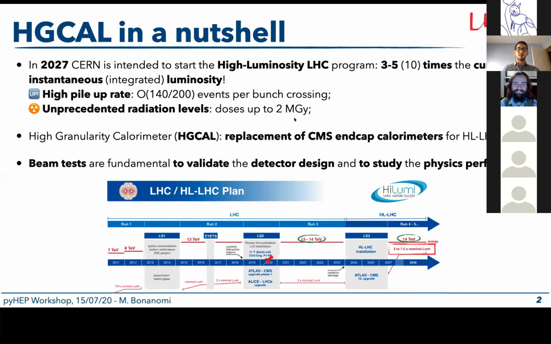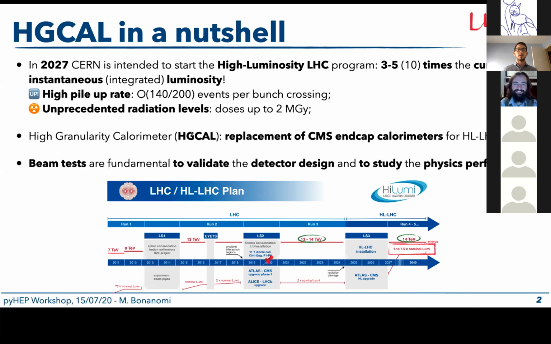These levels would make, in particular for our interest here, the crystals of the current ECAL calorimeters essentially black, so not usable anymore. All the experiments of the LHC plan to upgrade their detectors, and so they are currently undergoing an upgrade campaign.